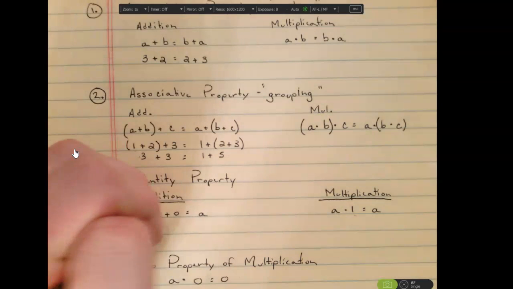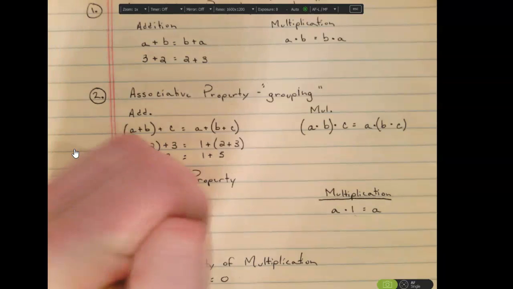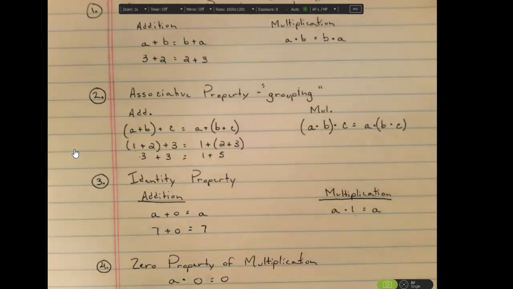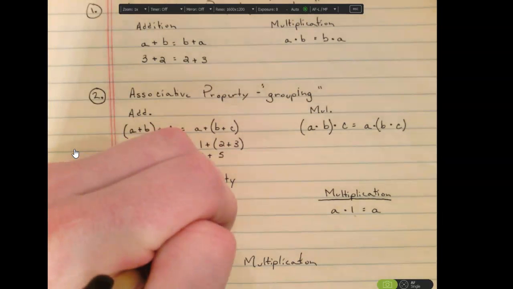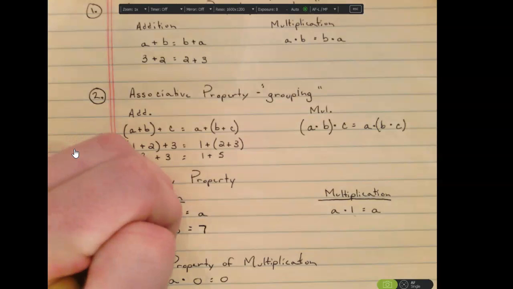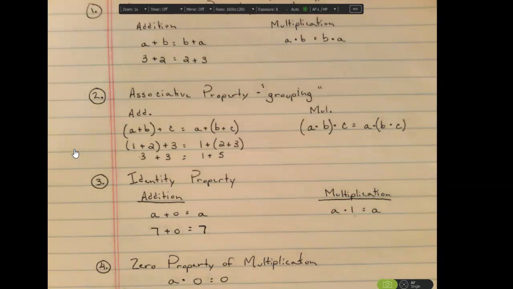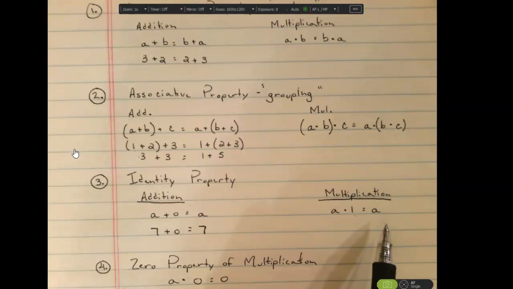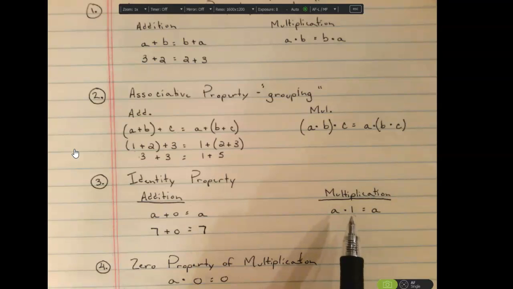In number form, this looks like 7 plus 0 is equal to 7. That's just an example using numbers. There's more than one way of showing this, but that would be through addition. Through multiplication, if I want to get back to A, this time I can't multiply by 0 because A times 0 is equal to 0, and I want to get back to A. So the way of doing it through multiplication is to multiply by 1.